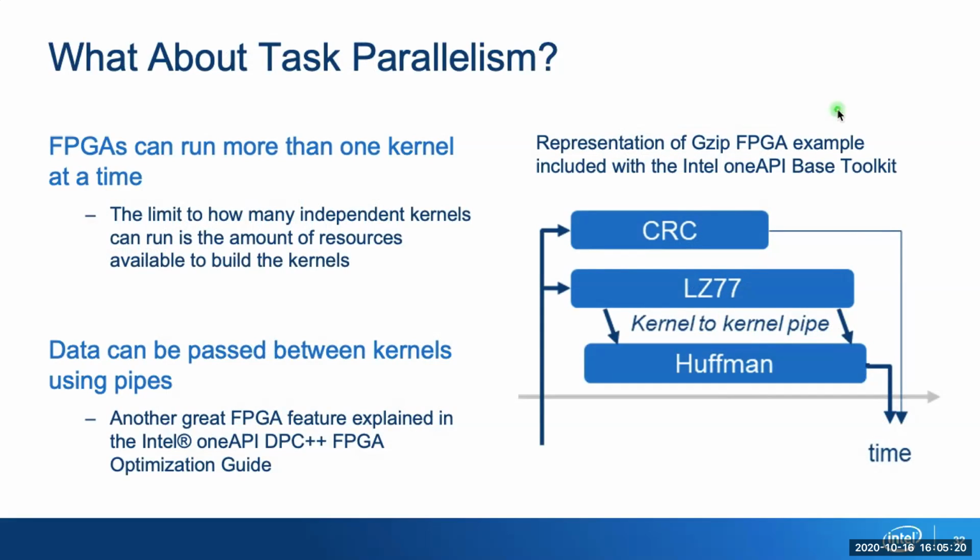This is an example of multiple kernels, and they can run in parallel. You can run more than one kernel at a time, and this is an available example on DevCloud, in the Base Toolkit.